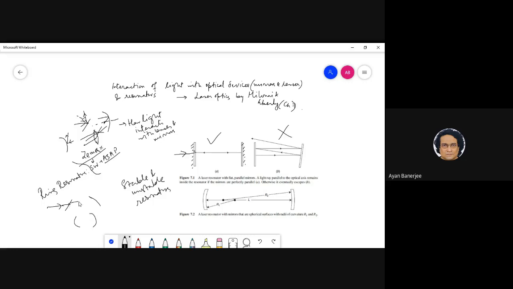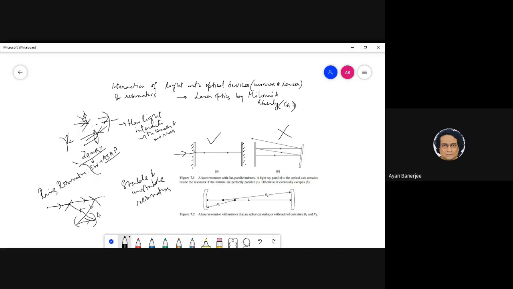The beam goes here, here, here, and then there, and then it comes out through this. These are plane mirrors, these are convex mirrors. So these are very complex, but also very useful in certain applications. And designing these is extremely non-trivial.